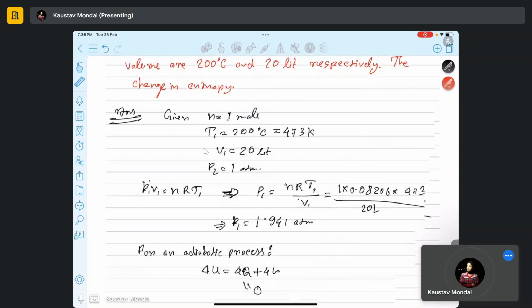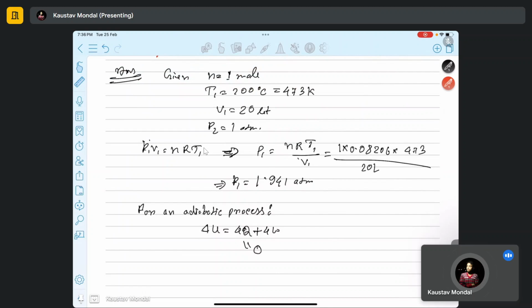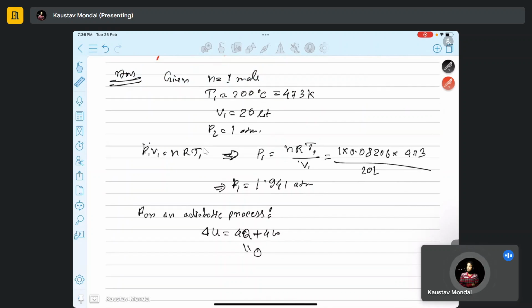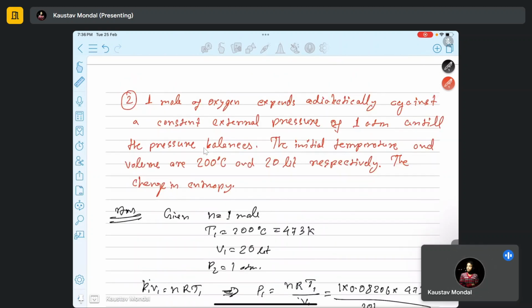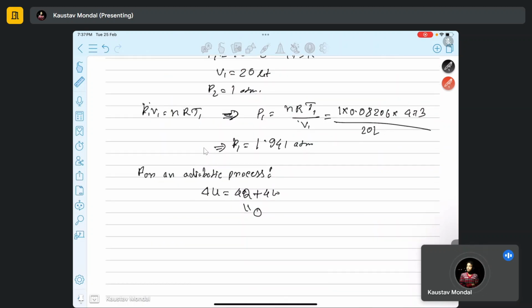We are doing this because we also need to know the temperature at the end, because everything is changing within the system. Pressure, initial temperature and initial volume are given, and pressure is also changing. So we have to calculate how all three are changing. In order to calculate the change in temperature, we can easily do it.